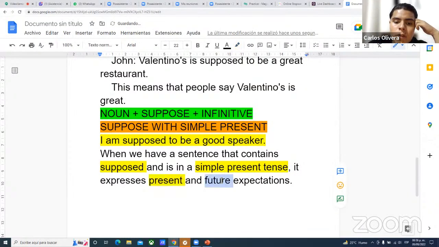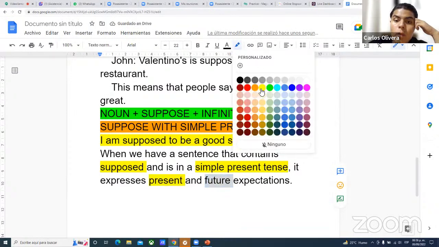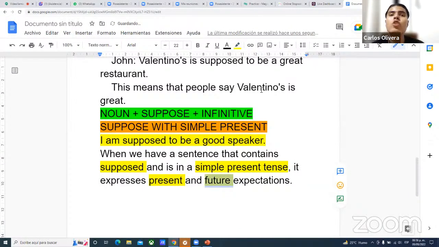So whenever you want to talk about surely something that should be right now or that should be later in the future, you're always going to use suppose in a sentence in present tense or in a present manner, excuse me.